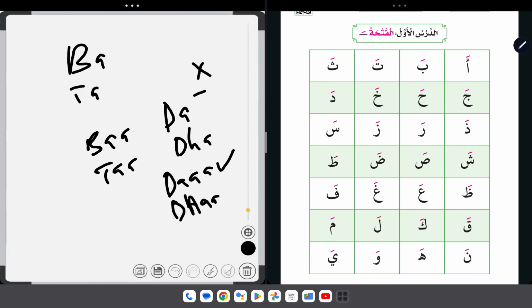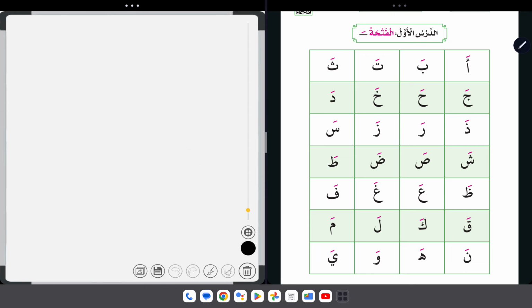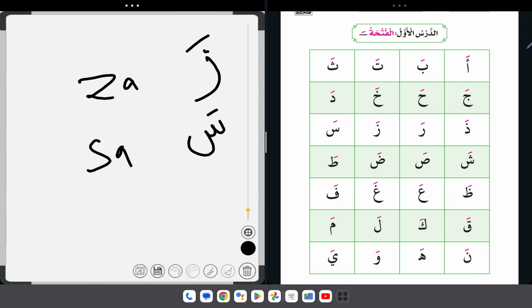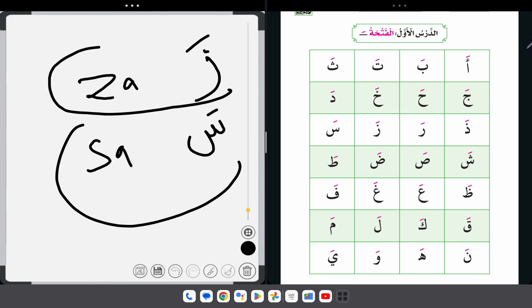Okay, two different things here. So for the za, we have za, and for the sa, we have sa. Of course, we pronounce it differently. So for zai, when it has fatha, it is za. For sin, when it has fatha, it is sa. So don't say sa when you are pronouncing za, and don't say za when you're pronouncing sa.